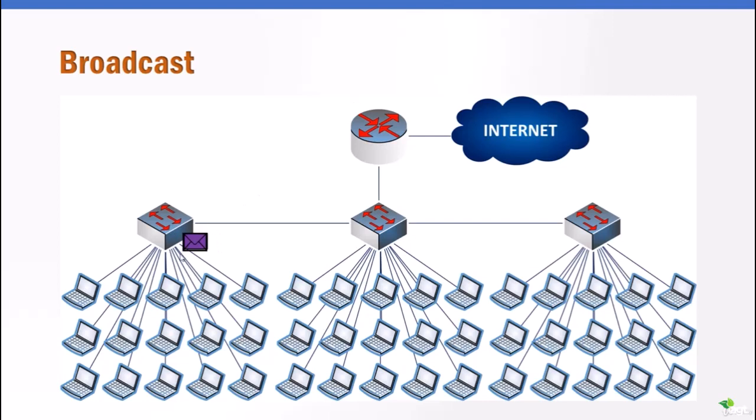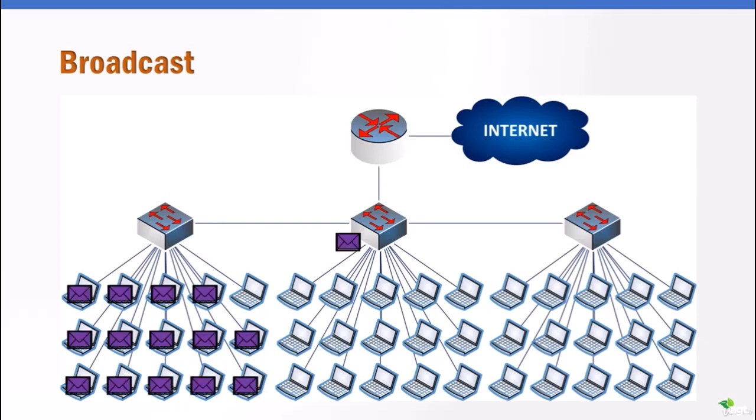A general rule is that once a switch receives a broadcast packet, it will forward this packet to all of its ports except the port where it received the packet. So the switch in the middle is going to get a packet, and then all of the other laptops in this switch's network are also going to receive this broadcast packet.